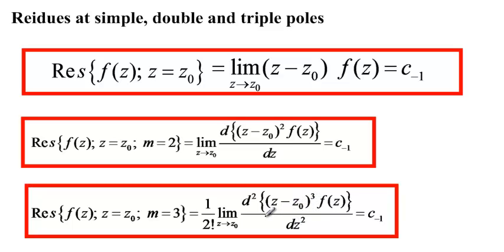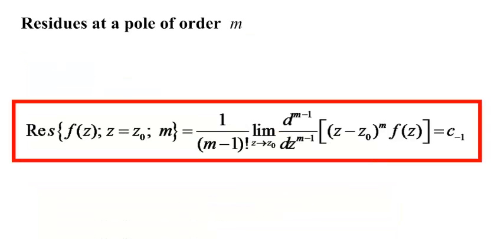After differentiating, computing the limit, and multiplying by 1 over 2 factorial, we get our residue. Now, in the general case of a pole of order m, where m is greater than 3, we can put that in this general form as follows.